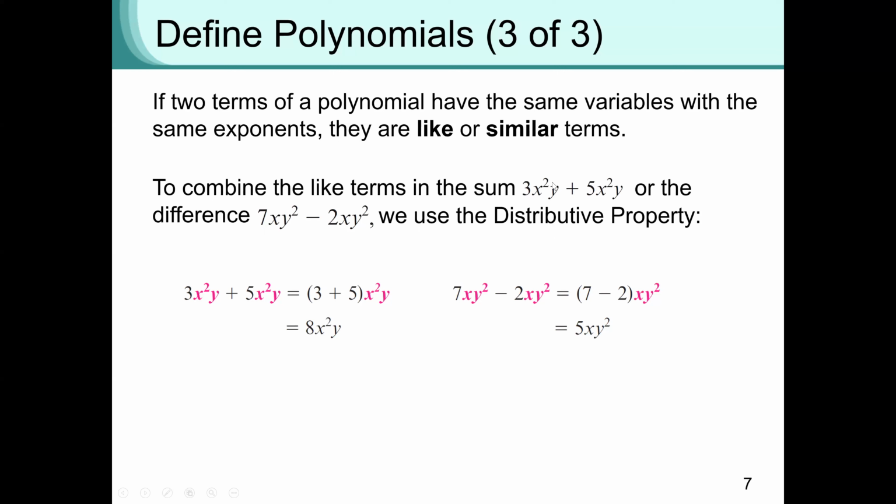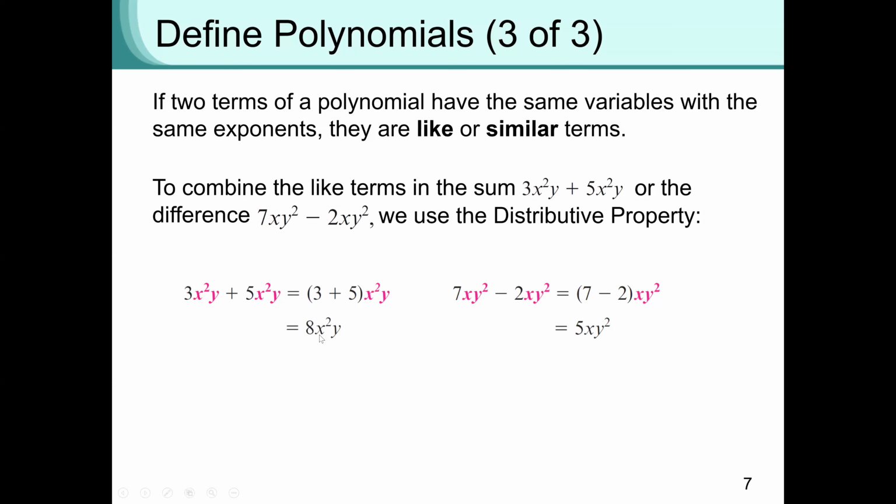If I have 3x squared y plus 5x squared y, I can say that these are like terms: x squared y, another x squared y. So I'm going to add the 3 and 5. I will have 3 plus 5, then I'll keep the unit x squared y.